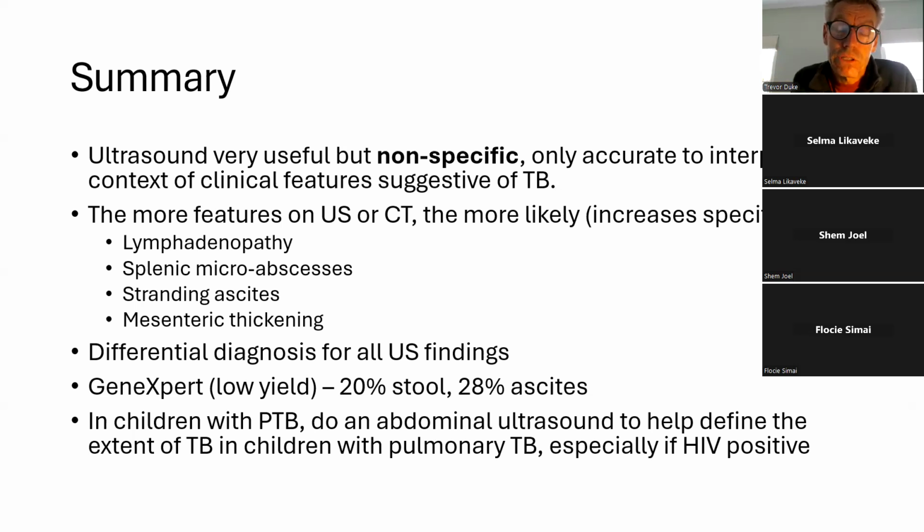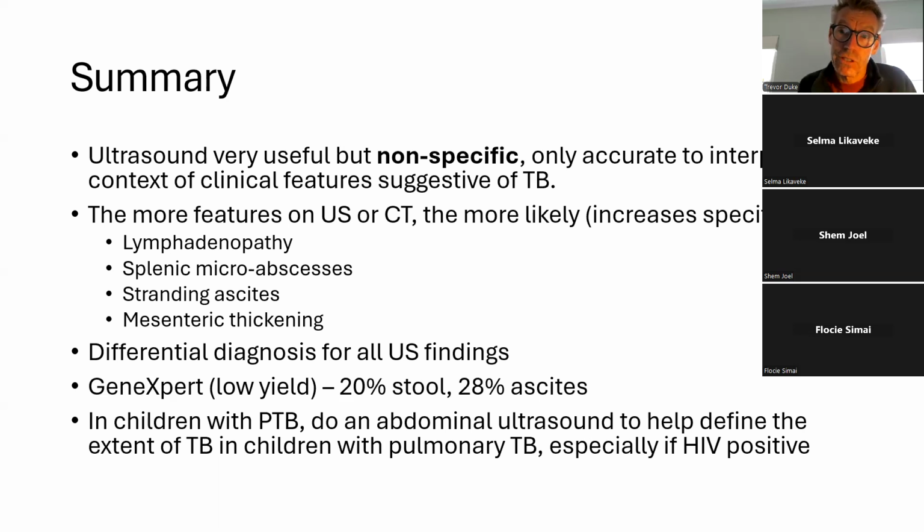But just to remember that all ultrasound, even though it's very useful, it really just augments our clinical examination, and the findings are non-specific. When we see these sort of changes, whether it's lymphadenopathy or splenic micro-abscesses or complex stranding ascites or mesenteric thickening, they're the 4 cardinal features.